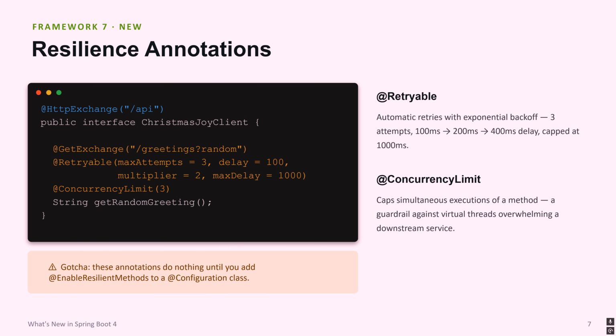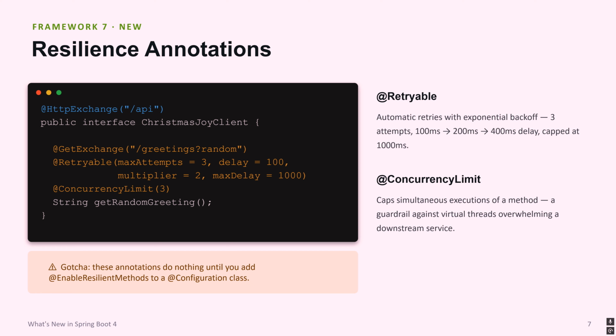Next, the resiliency annotations. Earlier we had to add some Spring Cloud dependency, but now, instead of using Feign or something else, we can simply annotate with Retryable, and we can pass the max attempts, delay, and multiplier. So these determine how many times it will retry, what the interval between them will be, and the concurrency limit, meaning how many concurrent requests are allowed.